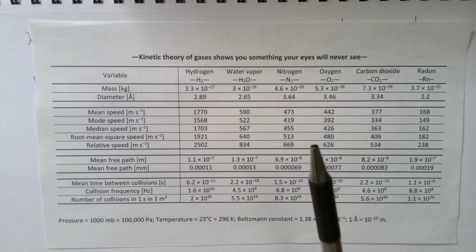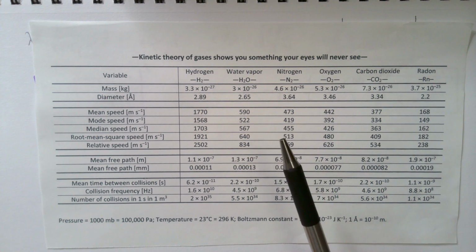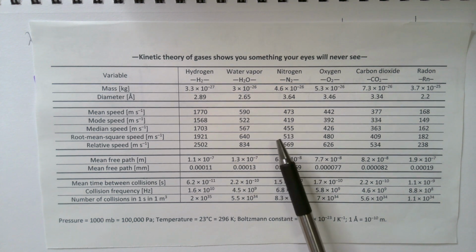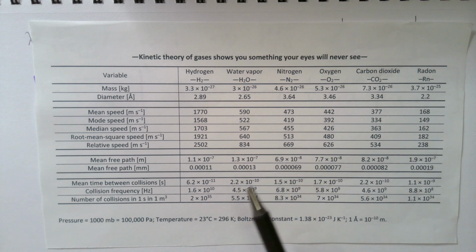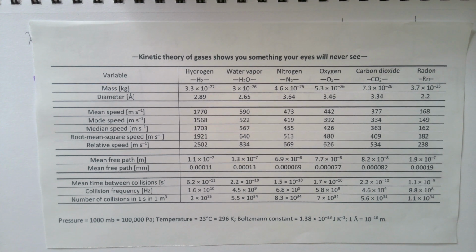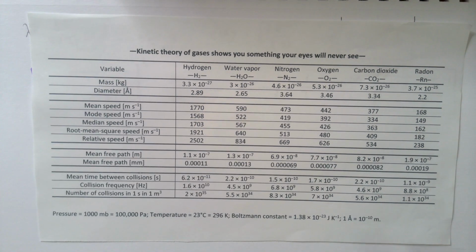If we count 1, 2, 3, 4, 5, every second in air around you and me, there are billions of collisions of nitrogen atoms. If that is not breathtaking, I don't know what it is. And you can see that numbers are extraordinarily large for any gas in this table at these room values of pressure and temperature.